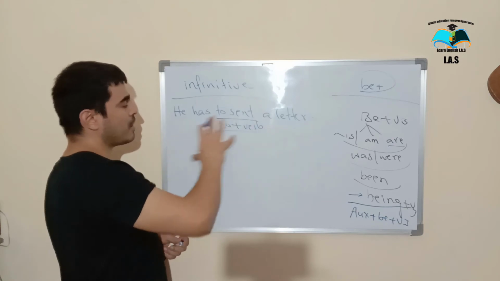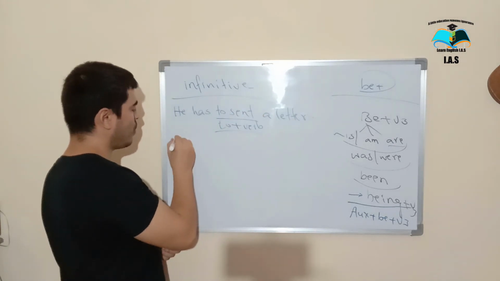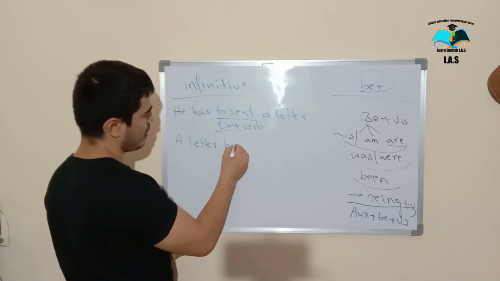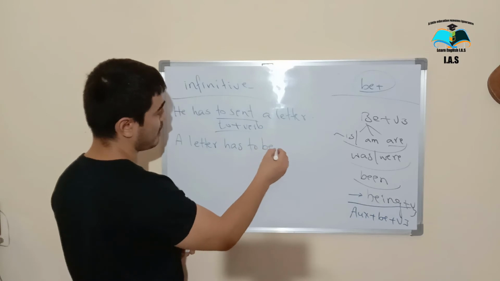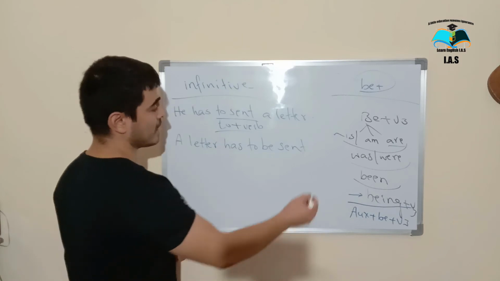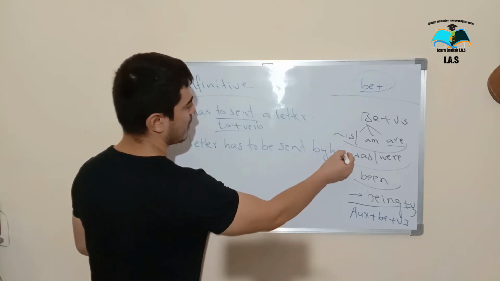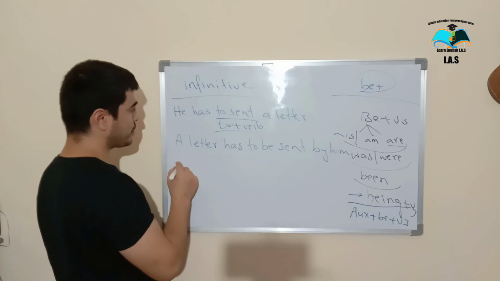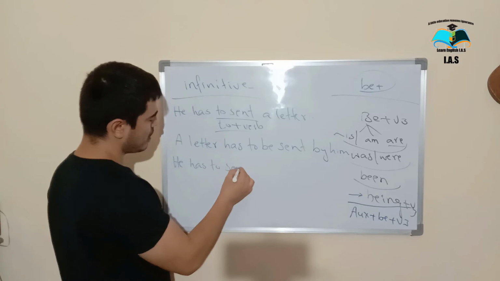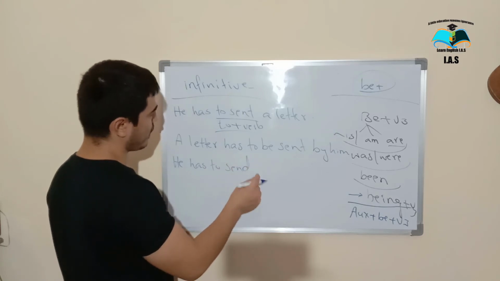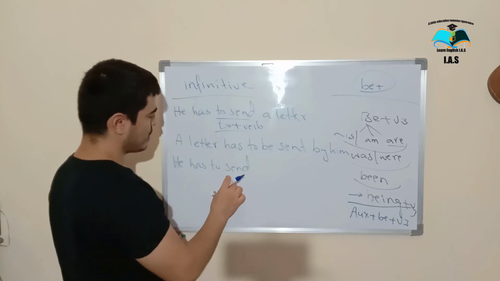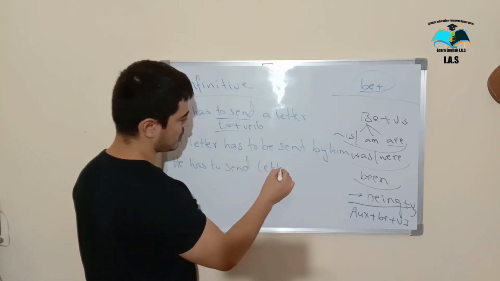Now the procedure is the same. We can say a letter has to be sent. Okay, a letter has to be sent by him. Now let's change into the plural. He has to send letters.